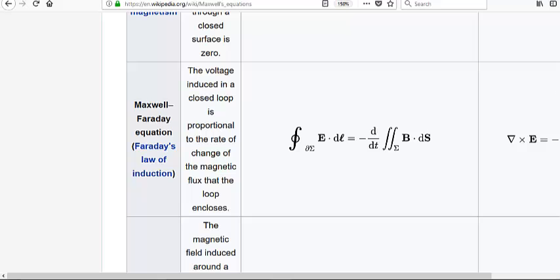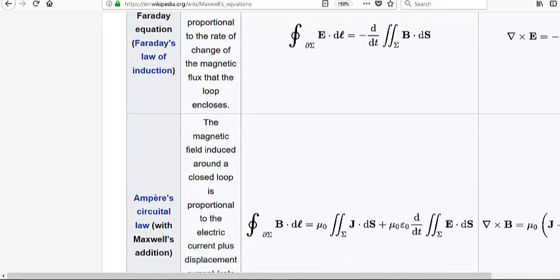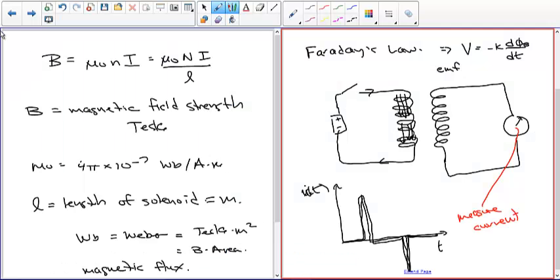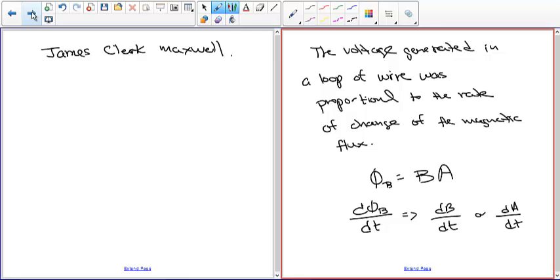So that's Faraday's law. And then you have Ampere's law, which is much more complicated than what we're used to dealing with. Ampere's law that we looked at said the line integral of the magnetic field vector dotted with the dS, so that part's exactly the same. The right-hand side is not just mu 0 times I. It's this more complicated, crazy stuff, but it simplifies down to this equation somewhere here.